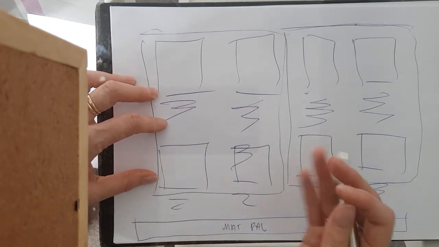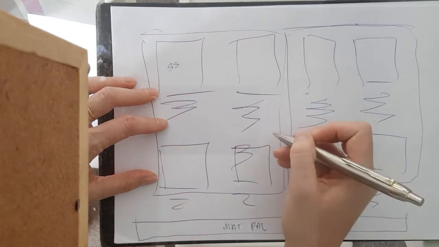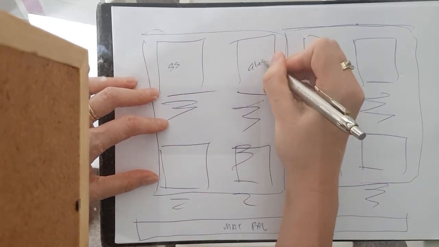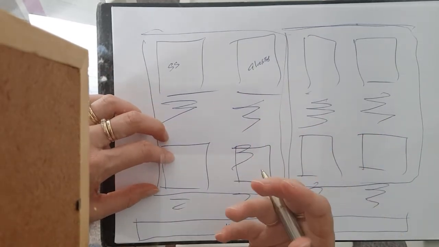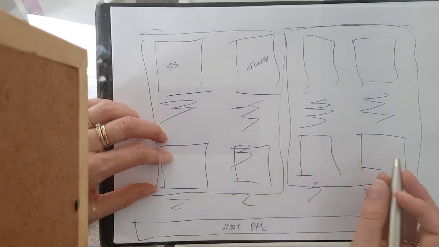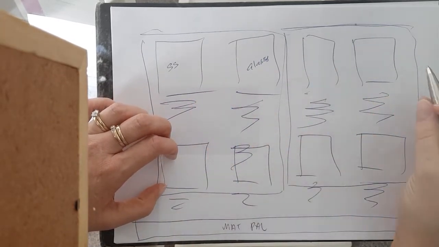So for example, and this may not be appropriate to this design, you may have a whole lot of stainless steel, a lot of glass, so a lot of shiny, high-end, sophisticated features. Or it might be that you go for a design palette that's generally a little bit rougher.